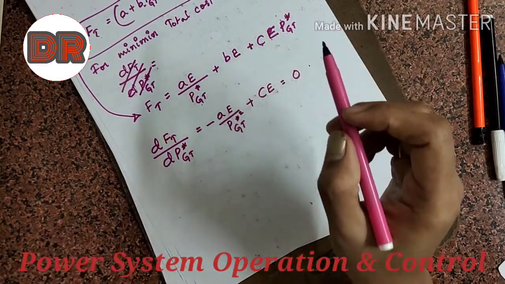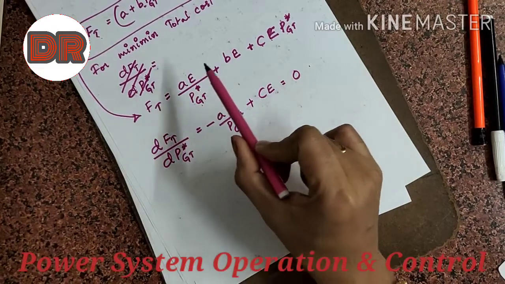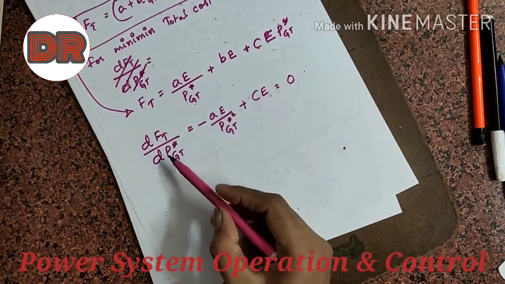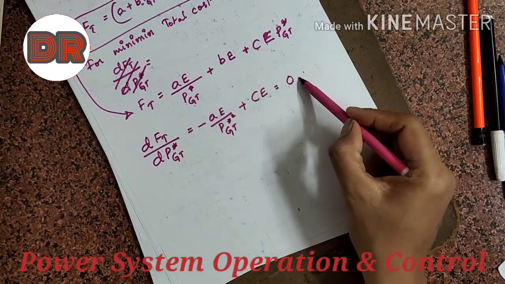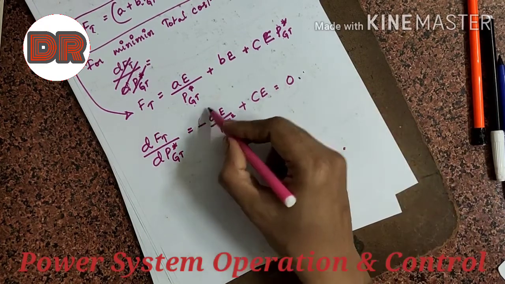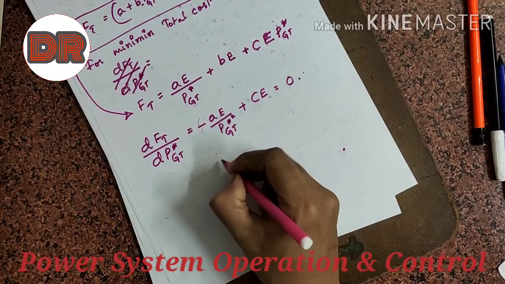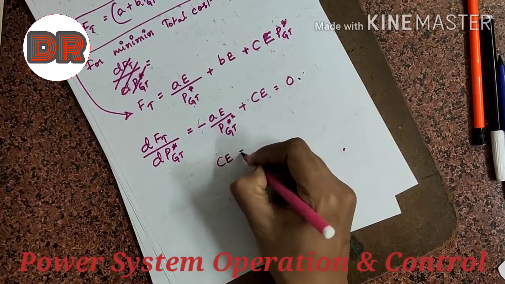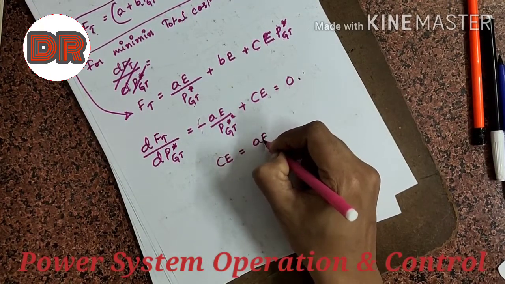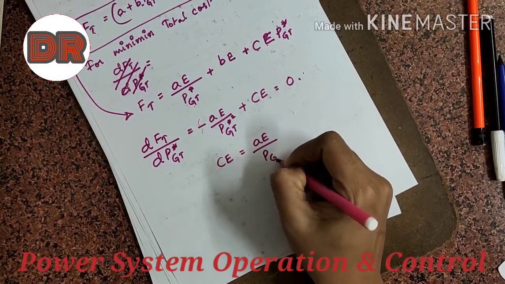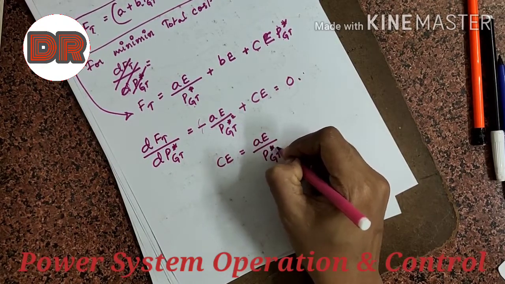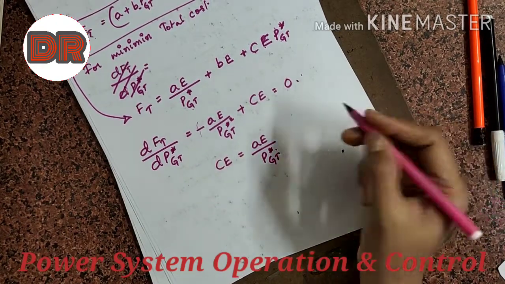It's a minimization problem, so in order to find the minimum total cost, we differentiate it and compare it to 0. So we have CE is equal to AE by PGT star square.